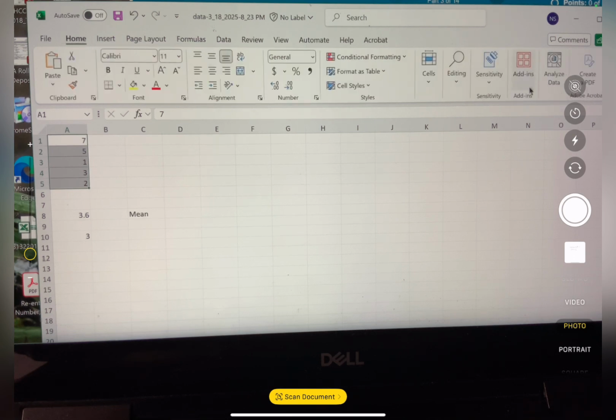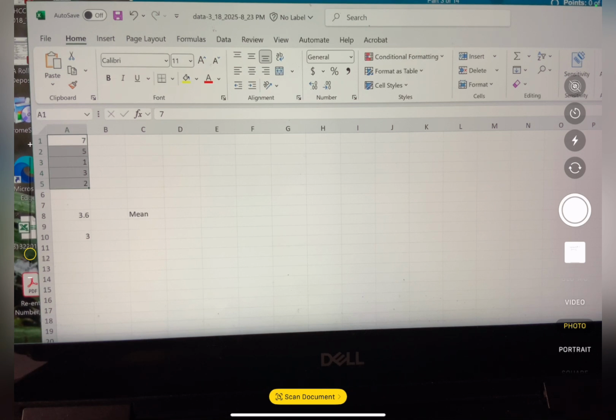We already know how to put them in ascending order, right? Where did it disappear? Oh, here it is: sort smallest to largest. There we go. You arrange in ascending order, and then take the middle position.